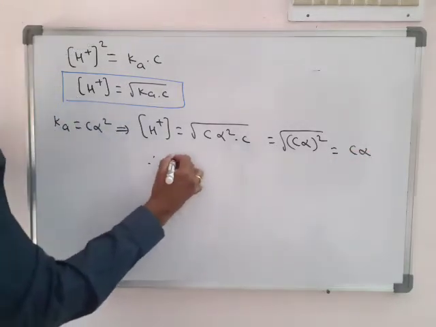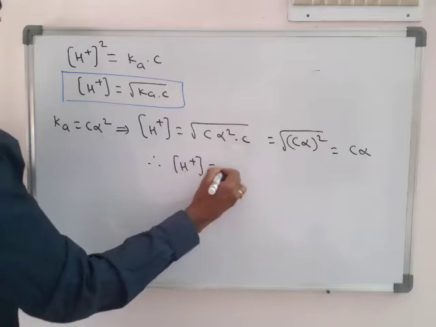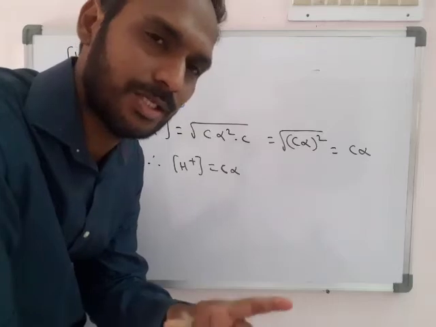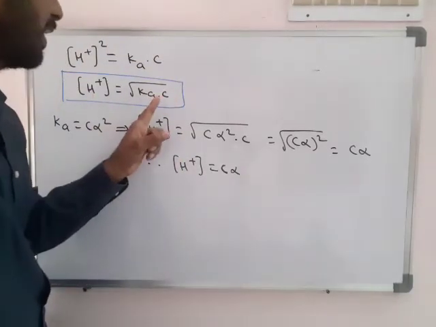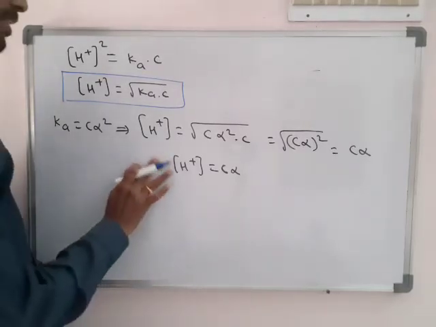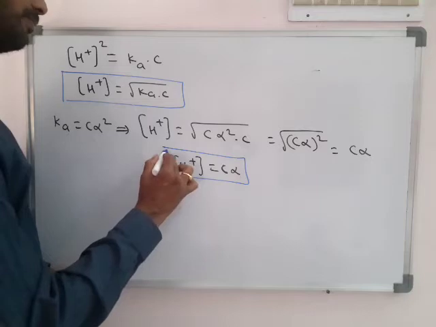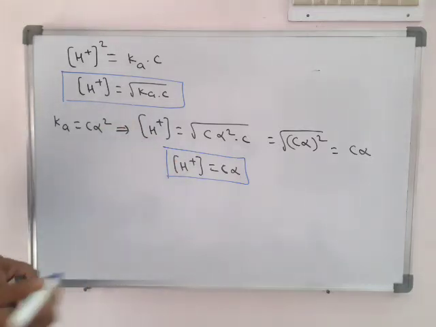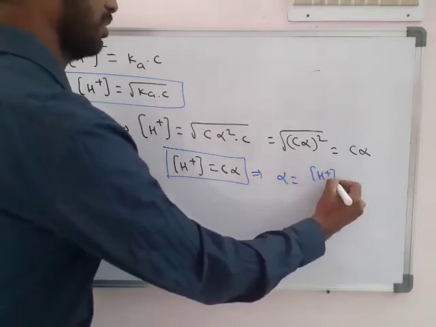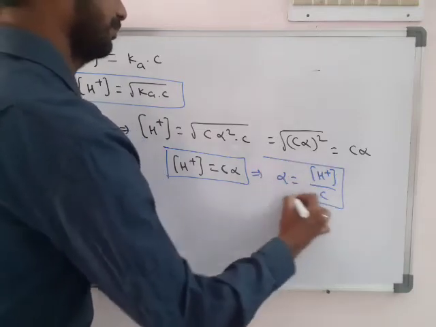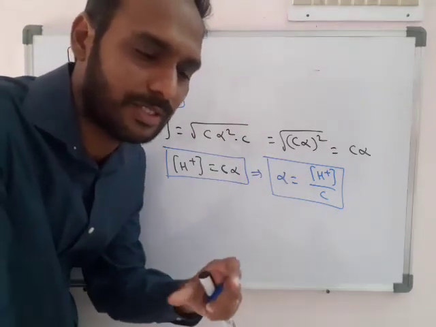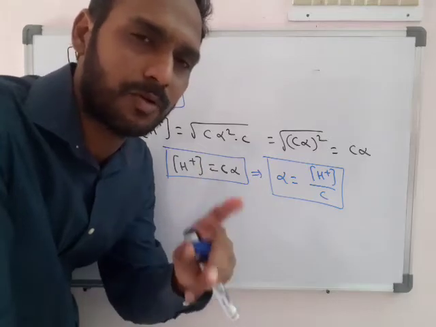Therefore H plus is equal to C into alpha. If it is given in terms of Ka, we write H plus equal root Ka into C. If it is given in terms of dissociation, we write H plus equal to C into alpha. These are the main formulas. Alpha also we can calculate with the help of H plus by C. So you have to write the formulas at one place. We are giving the derivation so as to understand the formulas easily.